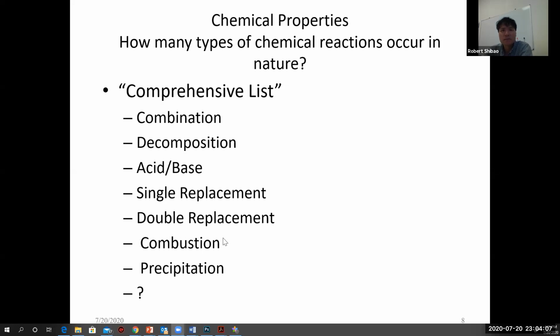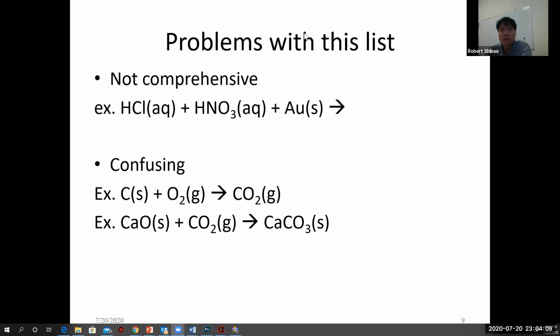And so here are some problems. It's not comprehensive. So where would you put this? You know, HCl plus HNO3 plus gold, what kind of reaction is that? And this reaction is an interesting one.